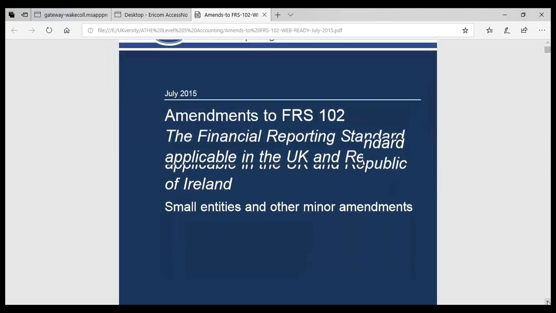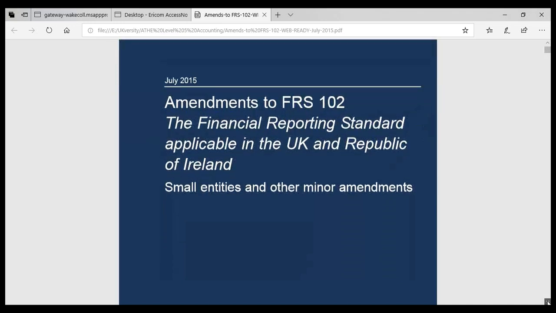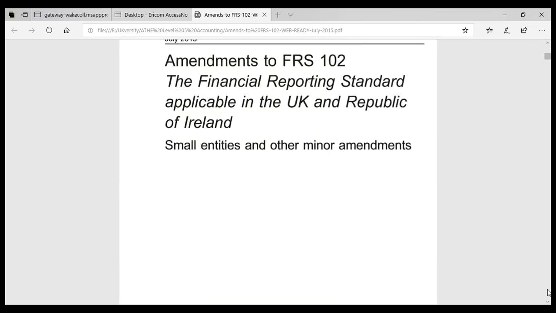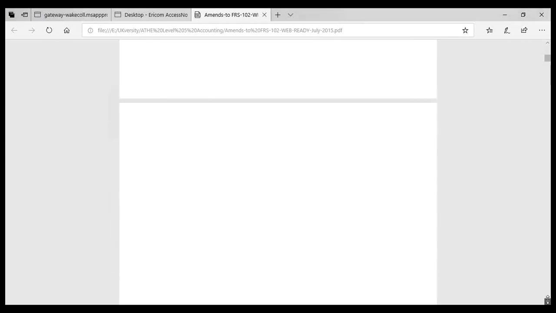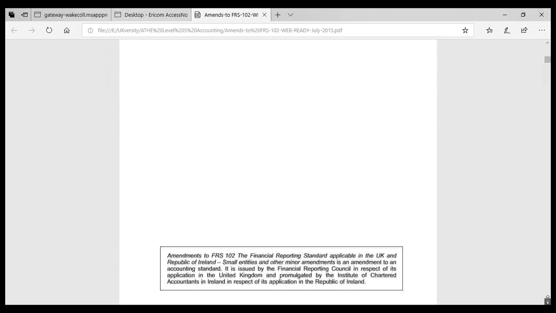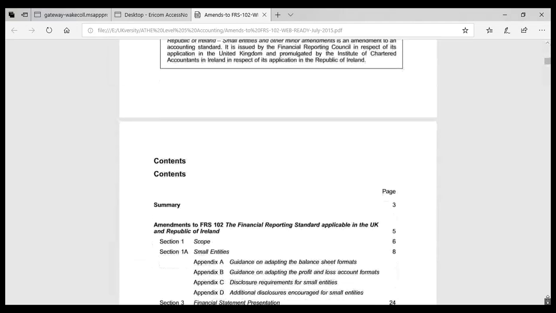It covers small entities, small enterprises, small organizations, and other minor amendments which have been made.